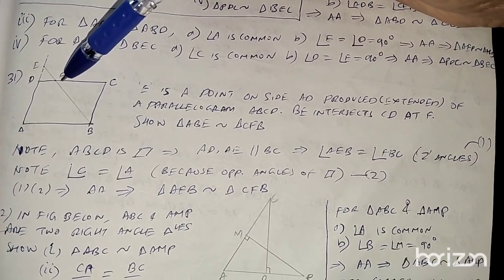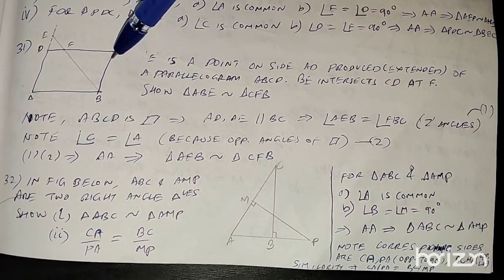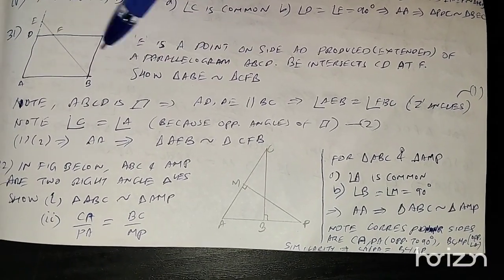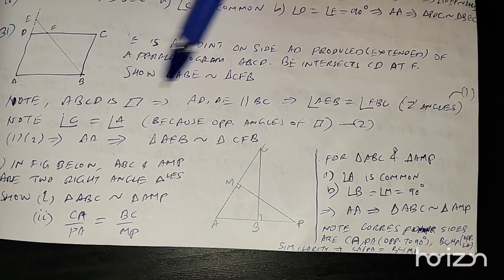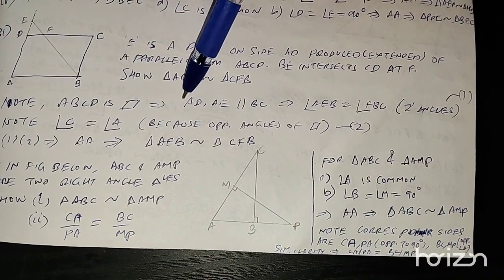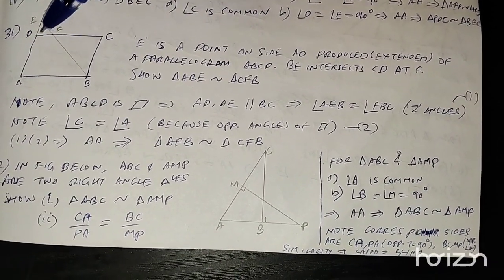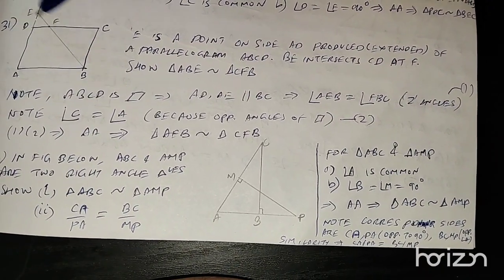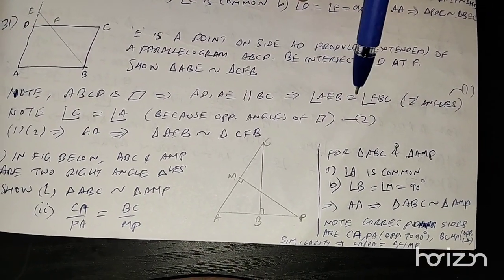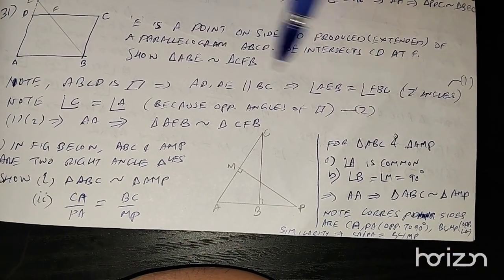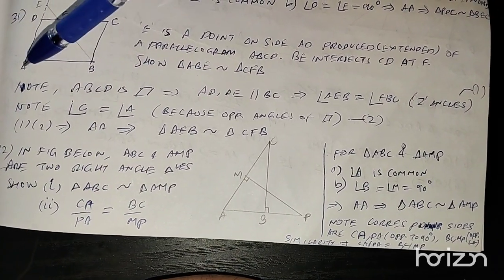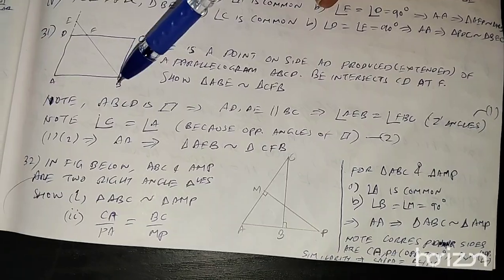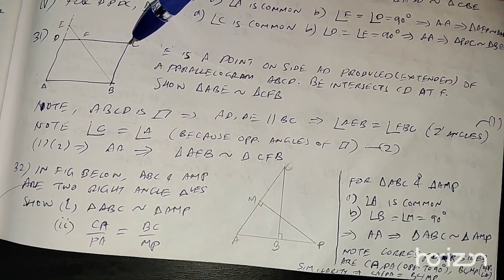We can immediately see that these two angles are the same, because angle A is equal to angle C because it's a parallelogram. Note ABCD is a parallelogram, right? So AB and DC are parallel, so are BC and AD. Angle AEB is equal to angle FBC. Why?